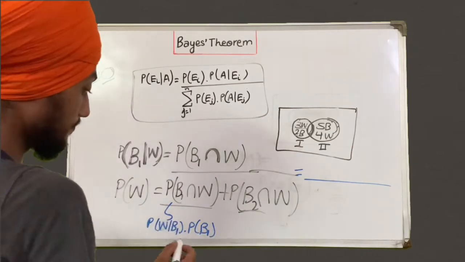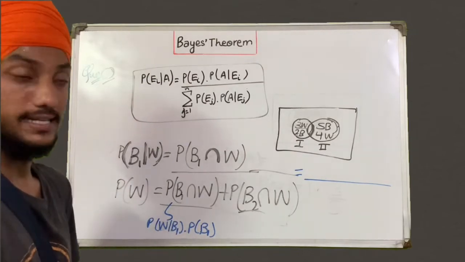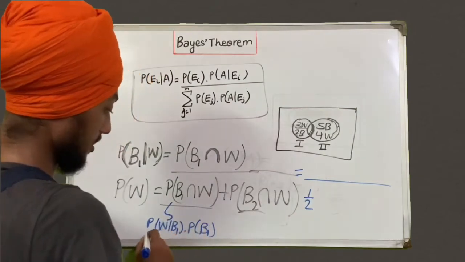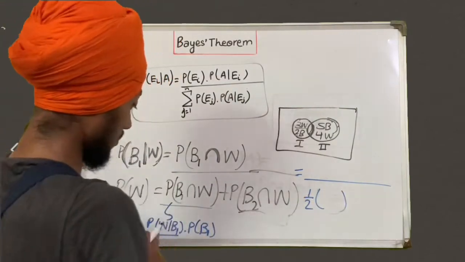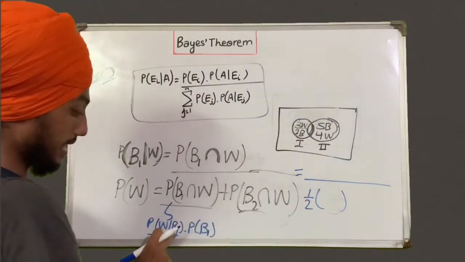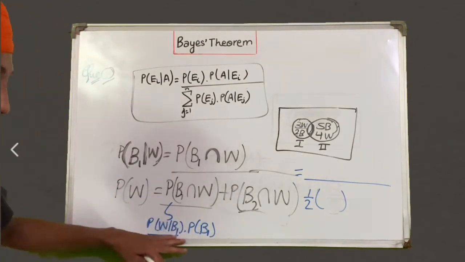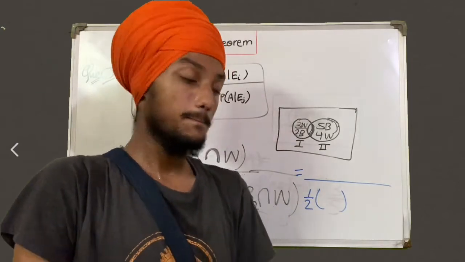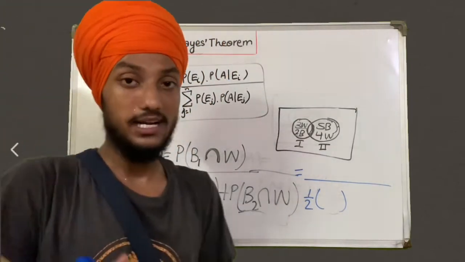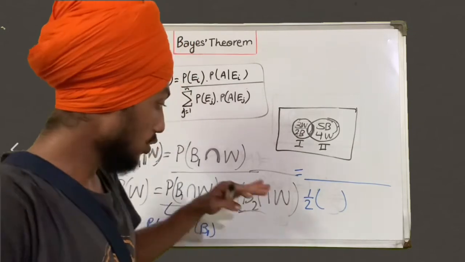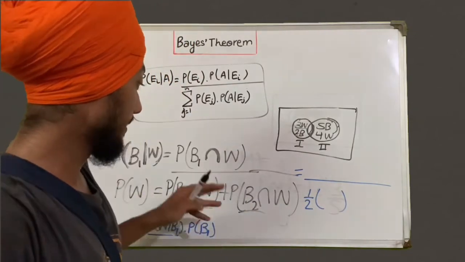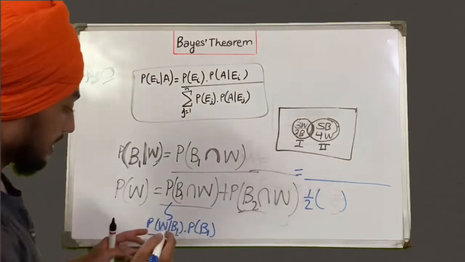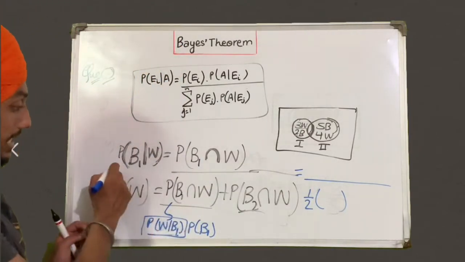The probability of choosing bag number 1 is obviously 1 by 2, multiplied by 3 by 5 from bag number 1, because we have applied the condition. Here it is the total probability that it is in bag number 1 or bag number 2, while we want the probability that it is in bag number 1 only. So that's the idea, and we can easily find this particular thing rather than that.